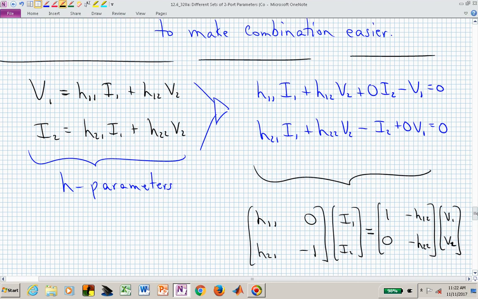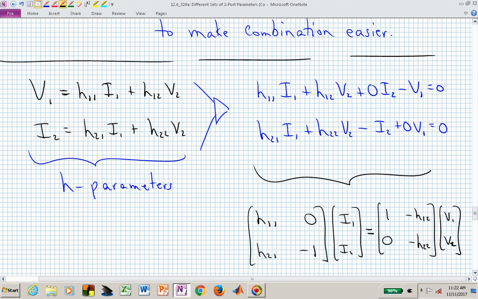Once we have that, now if you love linear algebra, hold on. If you're not too fond of linear algebra, that's okay. We're only dealing with 2x2 matrices, but you can now express those two equations in a slightly different manner by factoring out the I1 and the I2 on the left and the V1 and the V2 on the right.